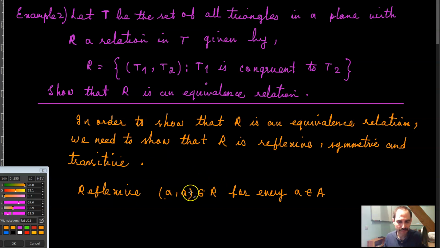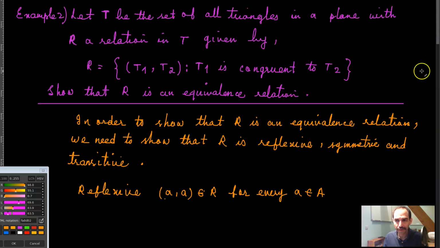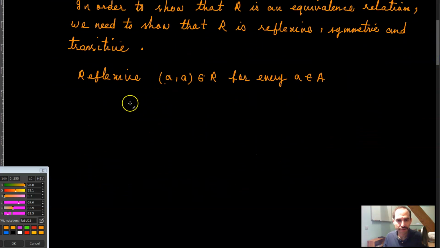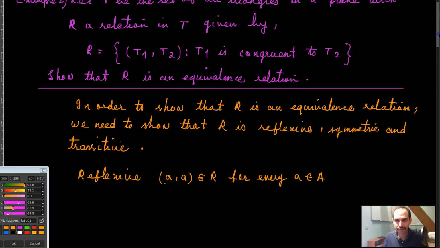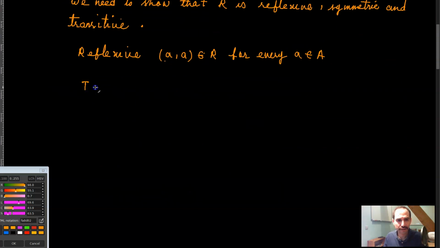So let me write this down. In the context of this problem, you can imagine that your set T is a collection of all of these triangles, T1, T2, T3, all the way up to T of n, right?